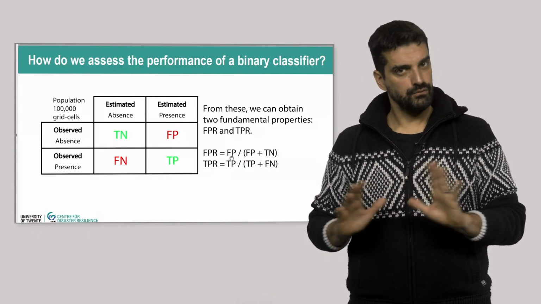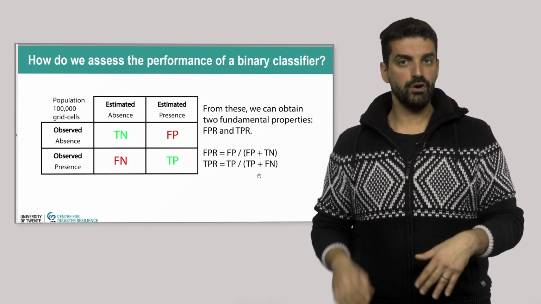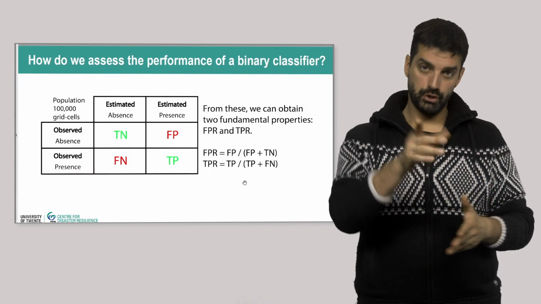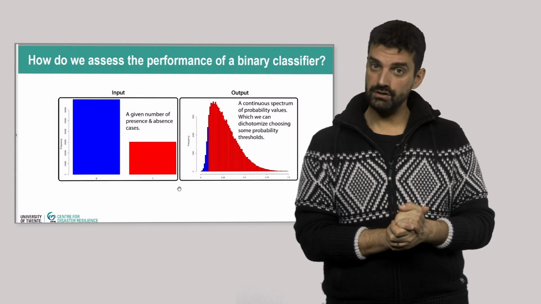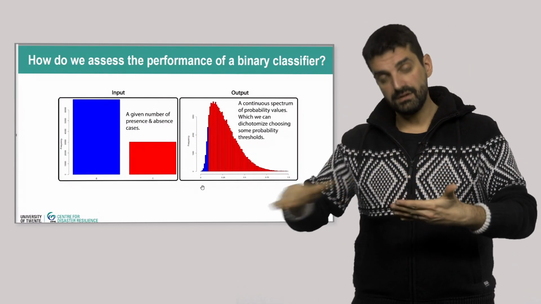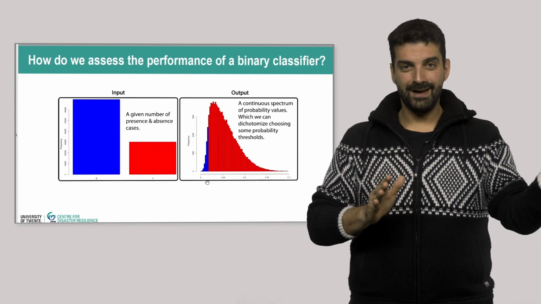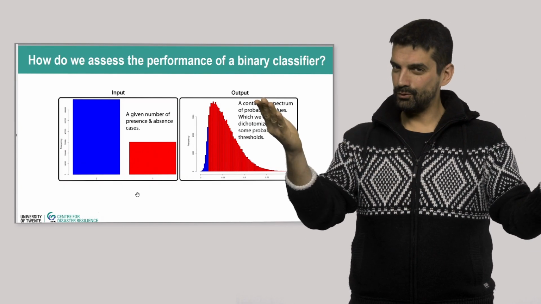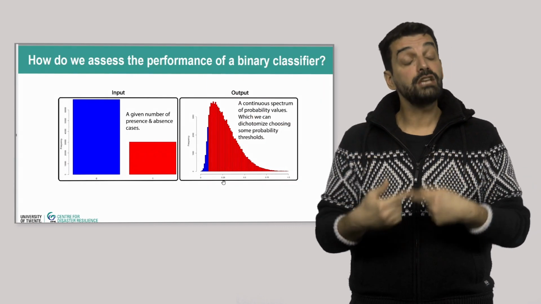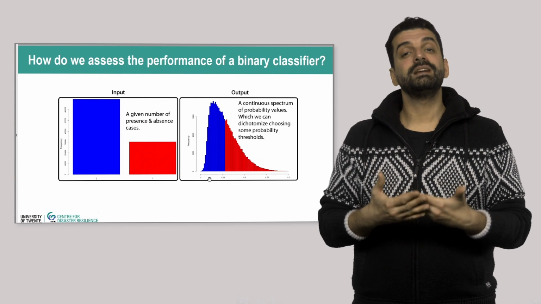There are many to assess binary classification performance. Here we will take the false positive rate and the true positive rate, which you can calculate easily with these equations. And what you do, you can reiterate this slicing of the probability, matching what was blue on one side to what was red on the other side, and then reiterate the computation of the confusion matrix as many times as you need.